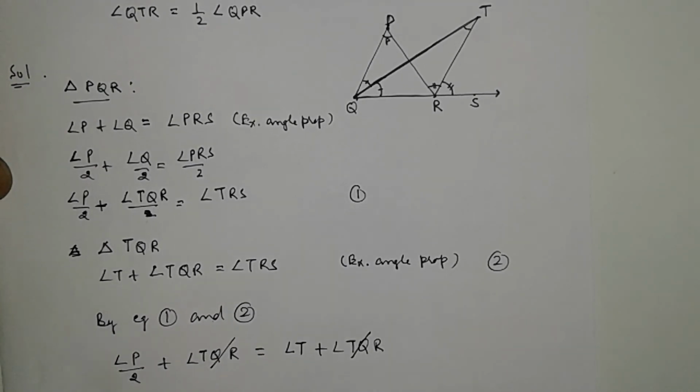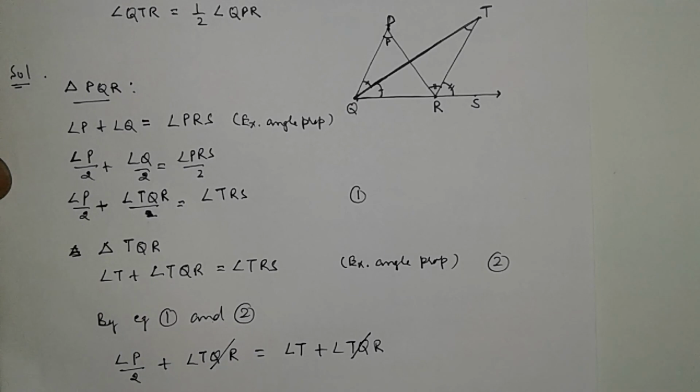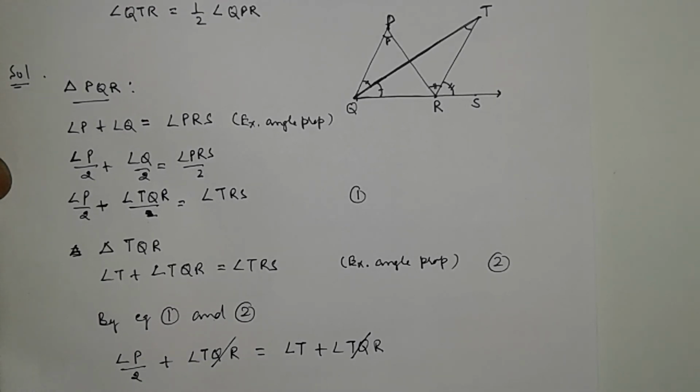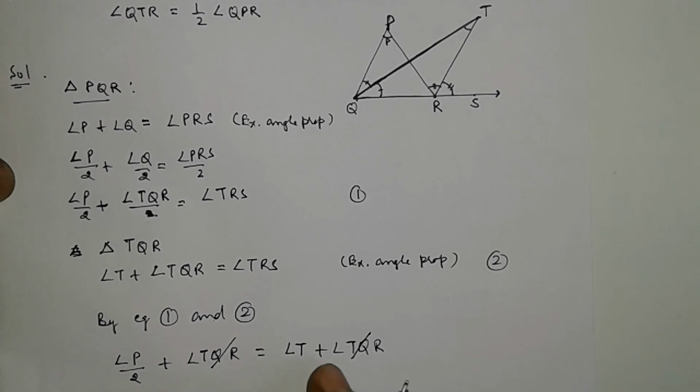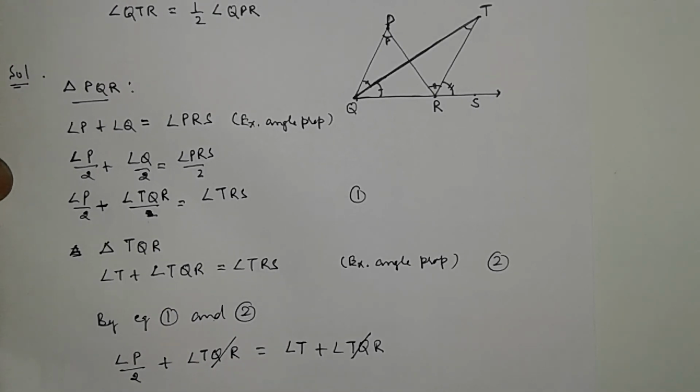So angle P by 2 is equal to angle T, and we have to prove the same thing. Angle P means angle QPR is equal to 2 times angle T, angle T means angle QTR. Hence proved.